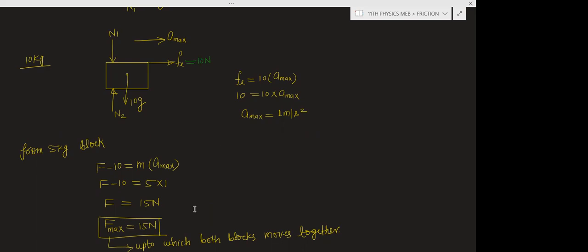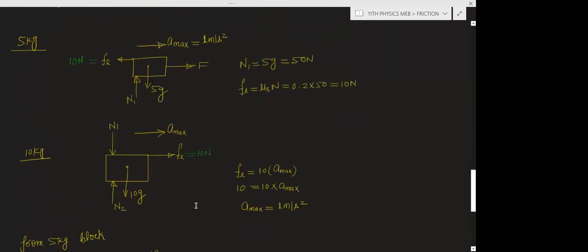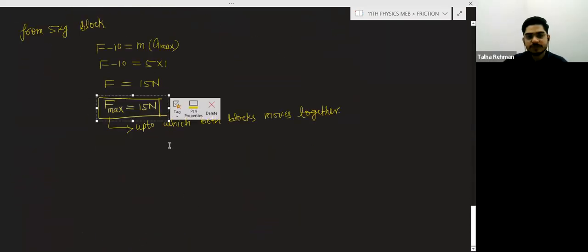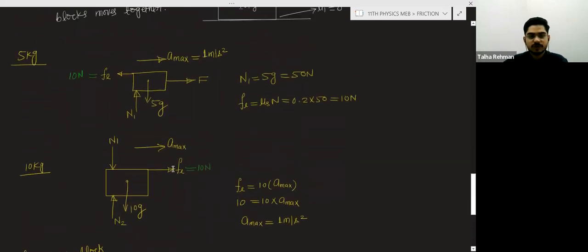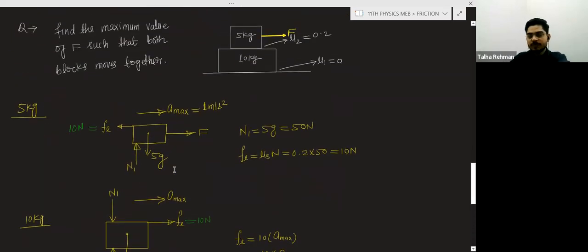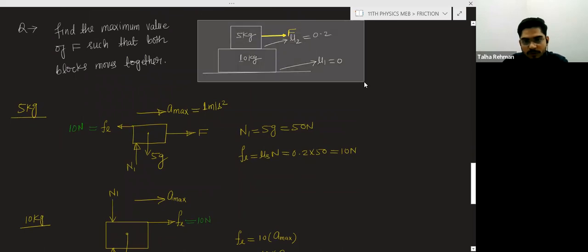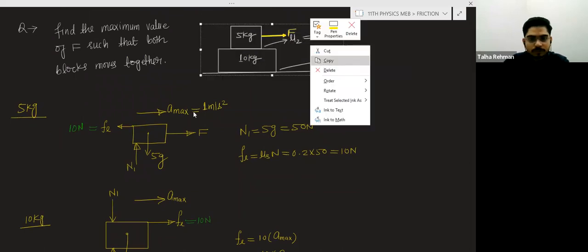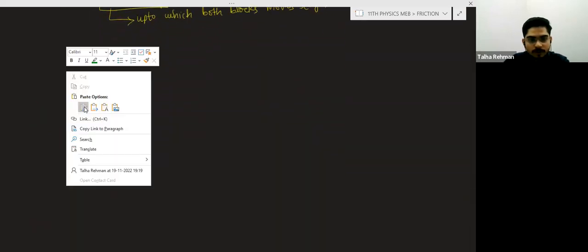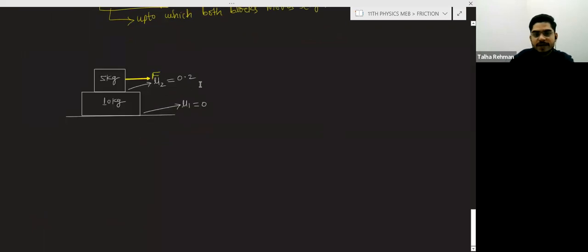Done, sir. Okay. So now this force 50 Newton, what is the meaning of this 50 Newton? Suppose you have these two blocks, and if you are applying a force of 20 Newton, it means your applied force is greater than the maximum value of the force.